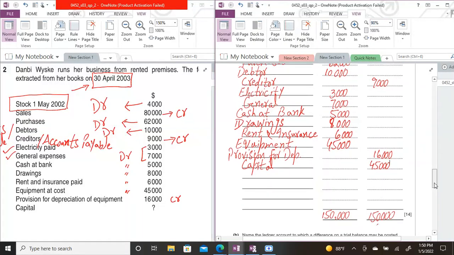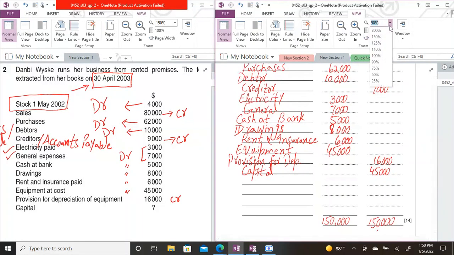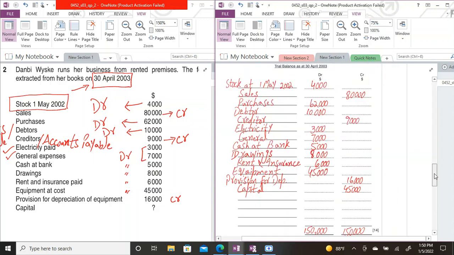So in this way, you can find the closing value of the capital if it is not given in the question, and your trial balance will be complete.